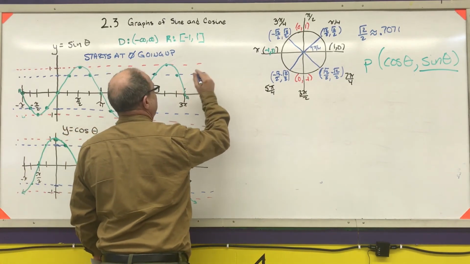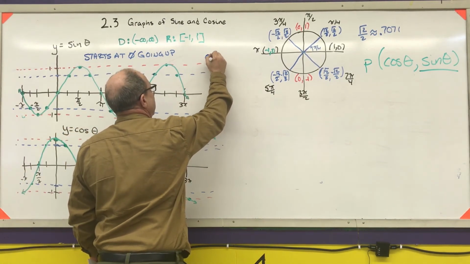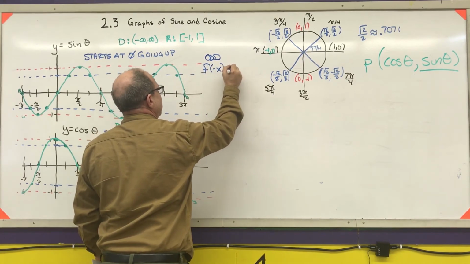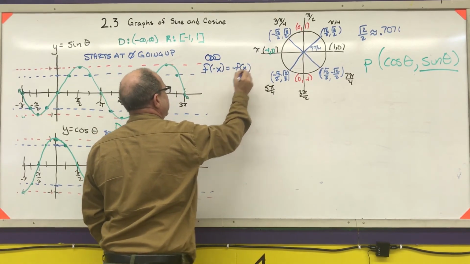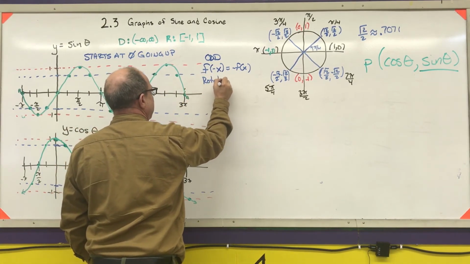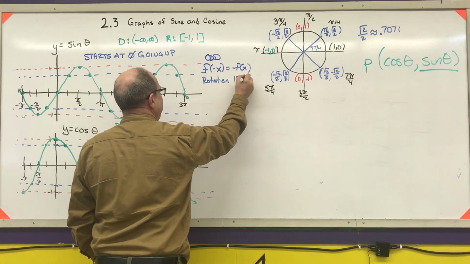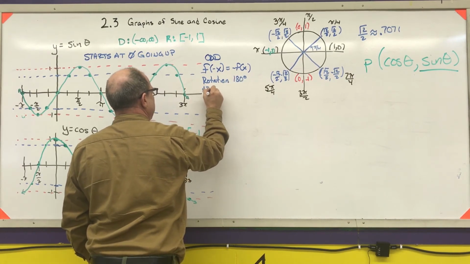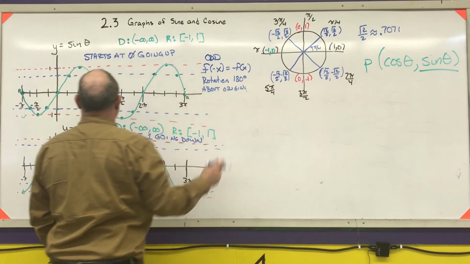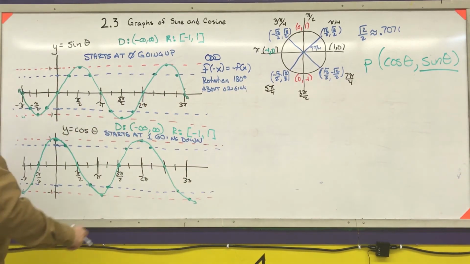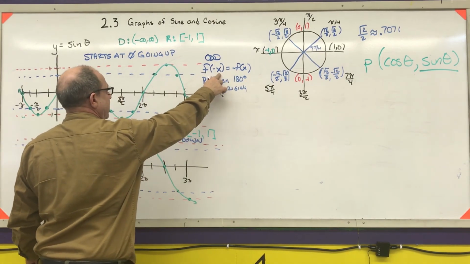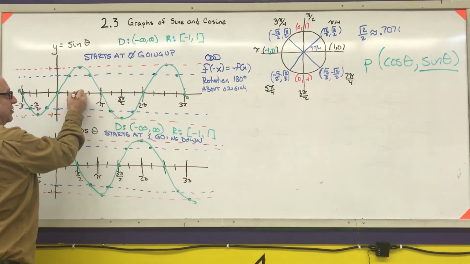Other things that we have seen before, and we saw this recently, that sine is an odd function because f of negative x is equal to negative f of x. And remember, an odd function is rotation of 180 degrees about the origin. So if I pick any value of x, I'm going to pick pi halves.